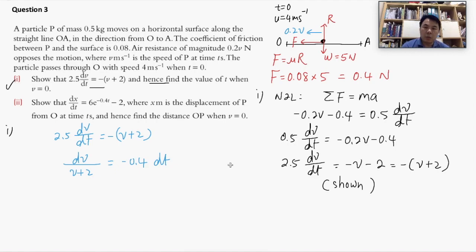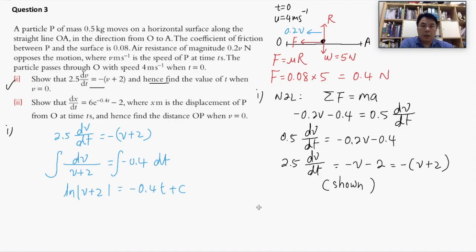Just let me check one more time if I got it correct. Yeah, negative 0.4. Therefore, we're going to reverse the process of differentiation. So here we have ln(v plus 2) equals negative 0.4 t plus c.